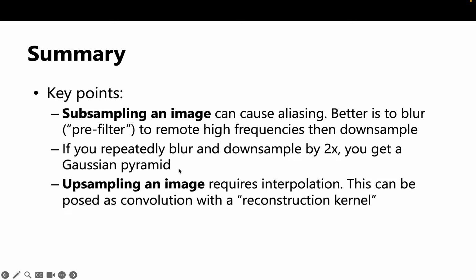And if you want to do upsampling of an image, it requires interpolation, because you want to fill in the image with more pixels. So you need to guess what the next new pixels you're going to fill in are. And this can be posed as a convolution with a reconstruction kernel.